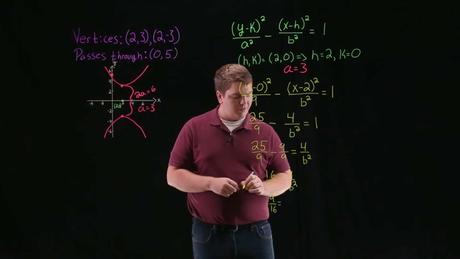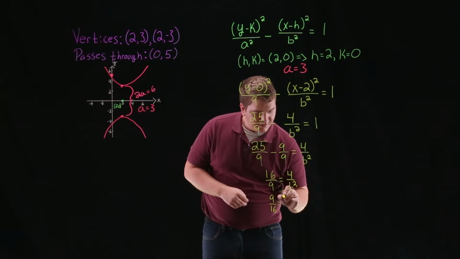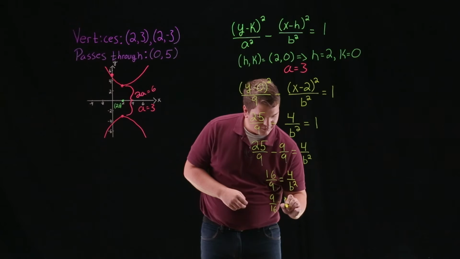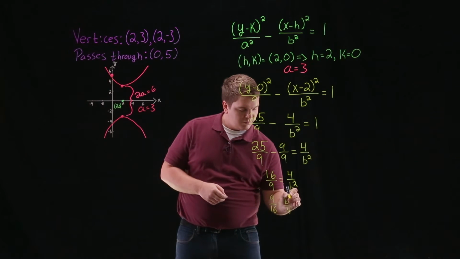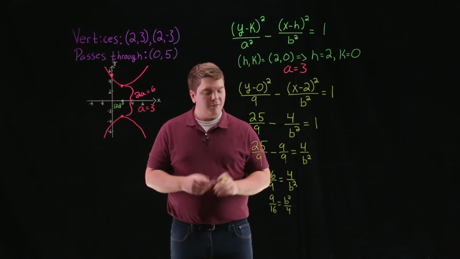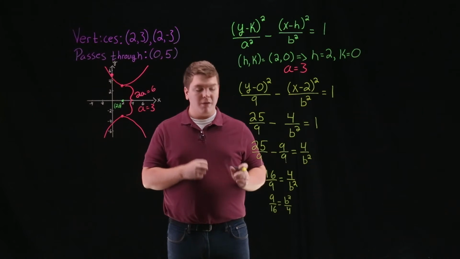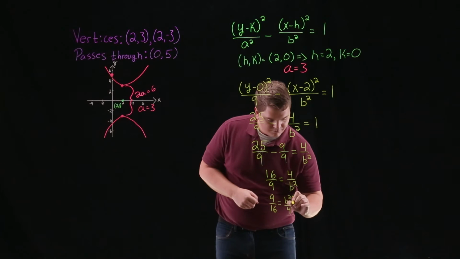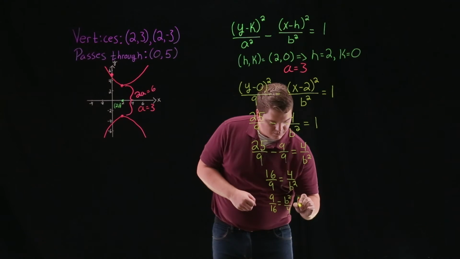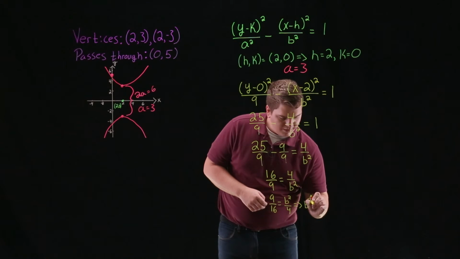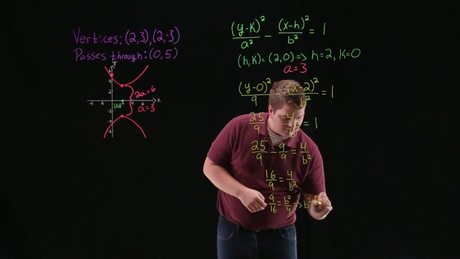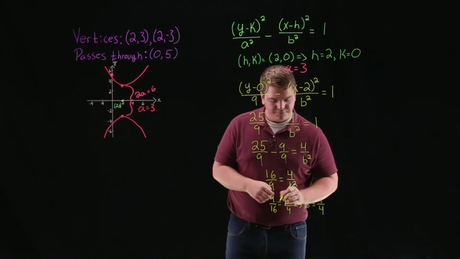And if we take the reciprocal of 4 divided by b squared, this is going to be b squared divided by 4. Now to solve for b squared, I'll multiply both sides of the equation by 4. So what this tells me is that b squared is equal to 9 divided by 4.